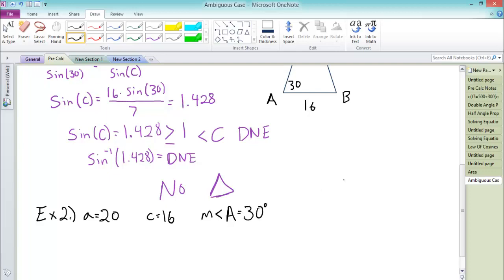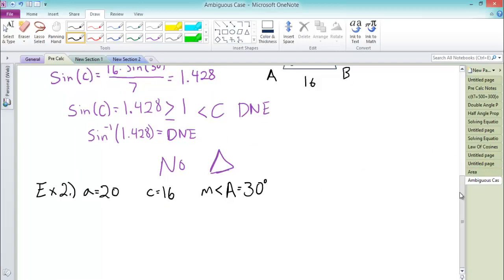We're using 30 degrees because it makes our calculations easy, because the sine of 30 is just 1/2. Once again, we will draw our triangle, label our angles A, B, C, and label what we're given: 20, 16, and 30.